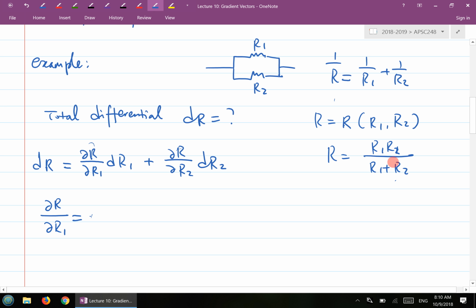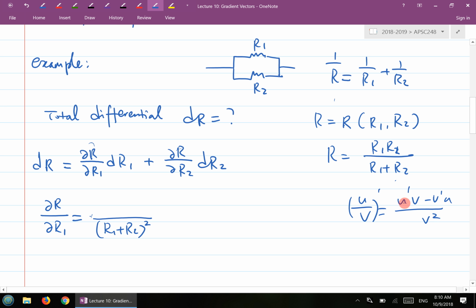Basically, you're taking the derivative with respect to R1, and you can use the quotient rule right here. So you get (R1 plus R2) squared in the denominator. That's basically (U over V) prime equals (U prime V minus V prime U) over V squared.